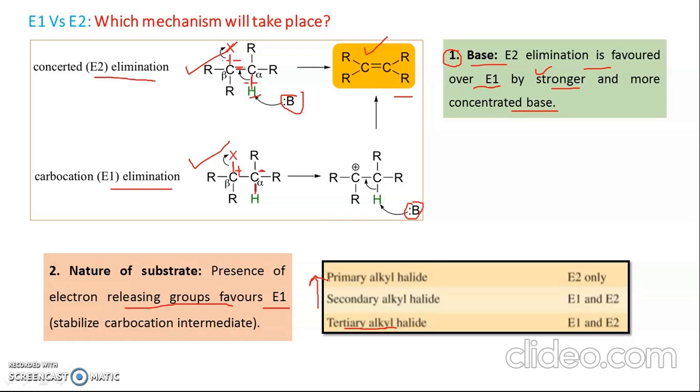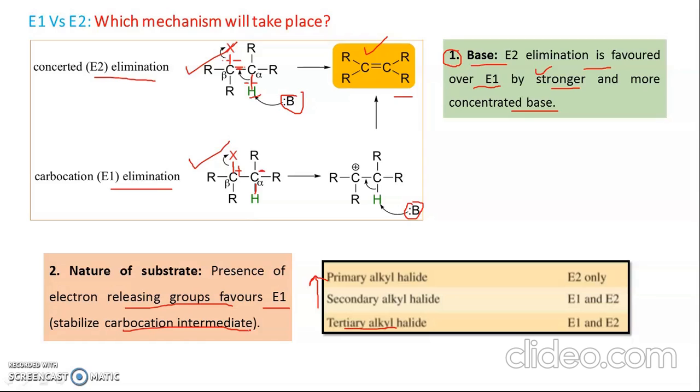Why do electron releasing groups favor E1? Because in E1 there is formation of a carbocation intermediate, which requires electron releasing groups. Only then will the positive charge be stabilized. But in the case of E2, there is no formation of positive charge. Actually there is no intermediate in E2.